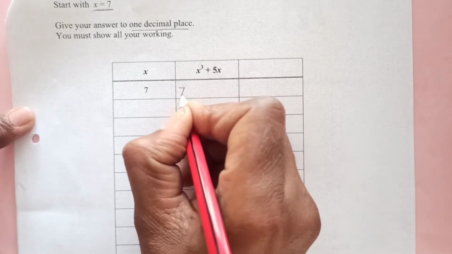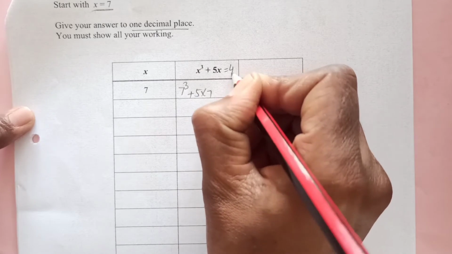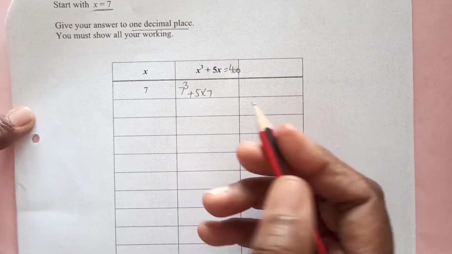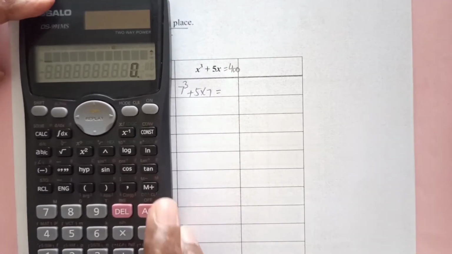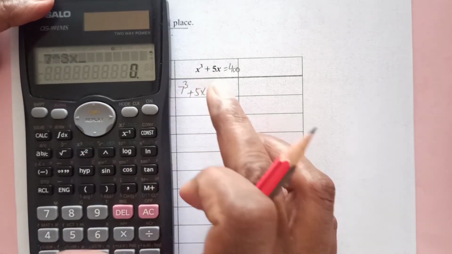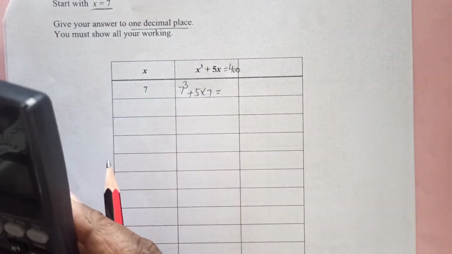So for x equals 7, it will be 7 cubed plus 5 times 7, and this answer is supposed to be 400. Then we will see if it is too big or too small. So let's see again: 7 power 3 plus 5 times 7, 35.